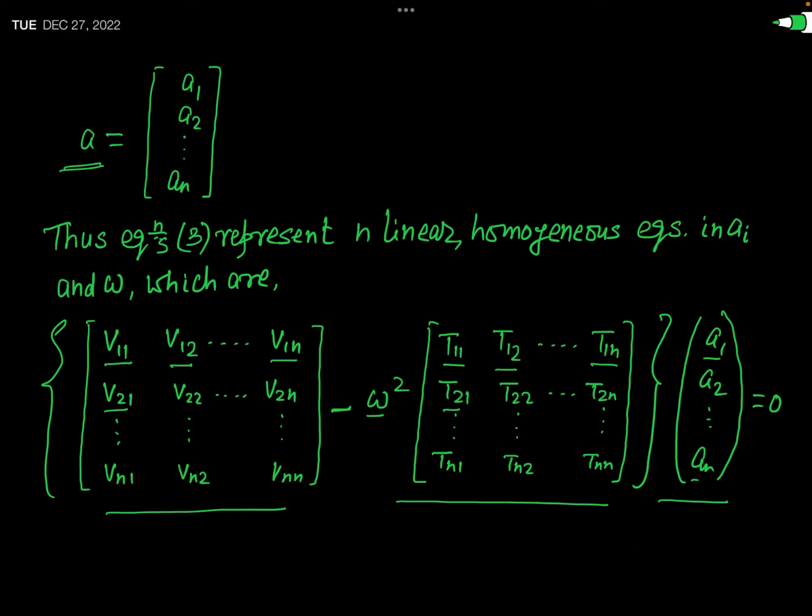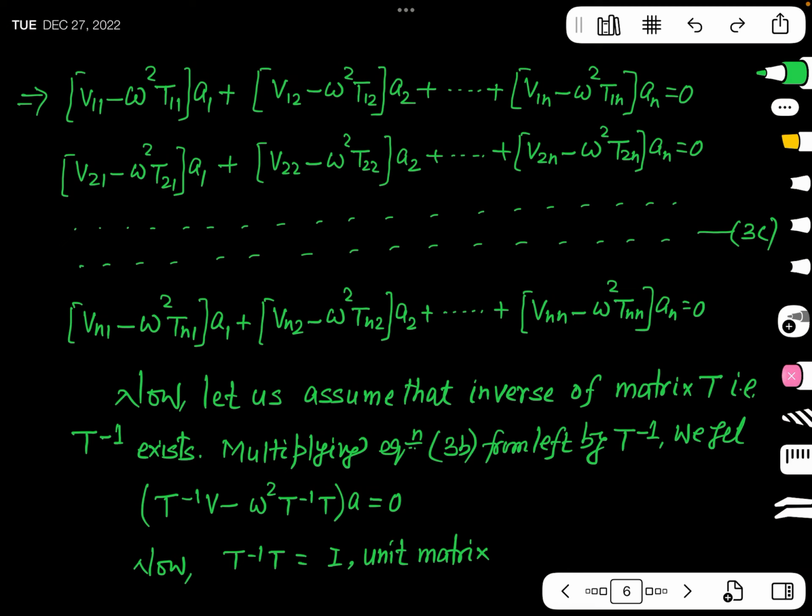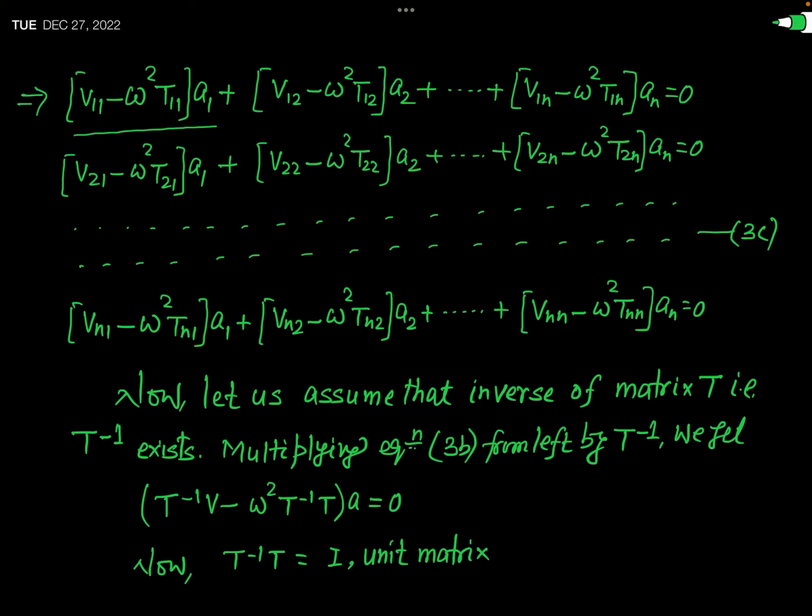And so you can see I have written that the equations contained in that matrix form will be equal to this. This is V11 minus omega square T11 A1 plus V12 minus omega square T12 A2 plus so on plus V1n minus omega square T1n An equal to 0.